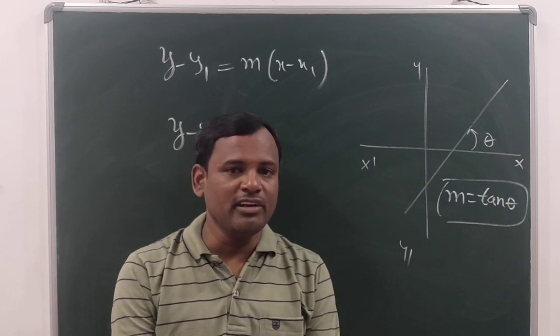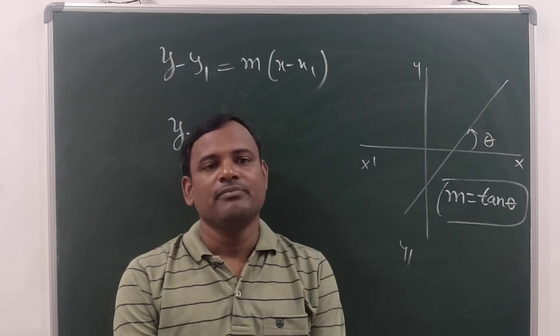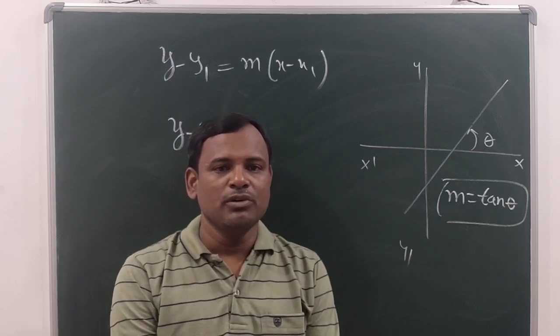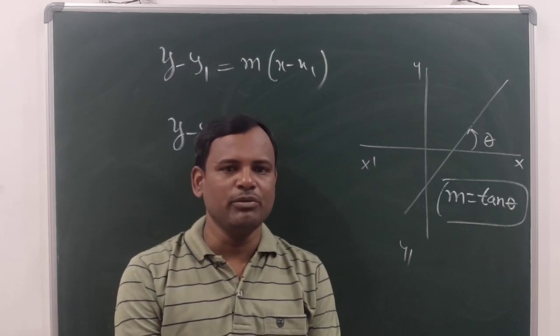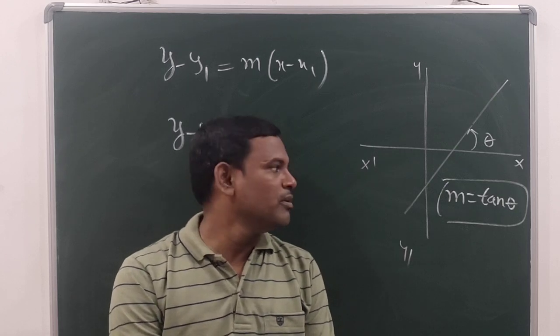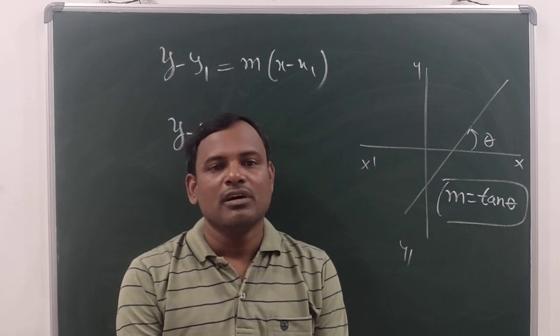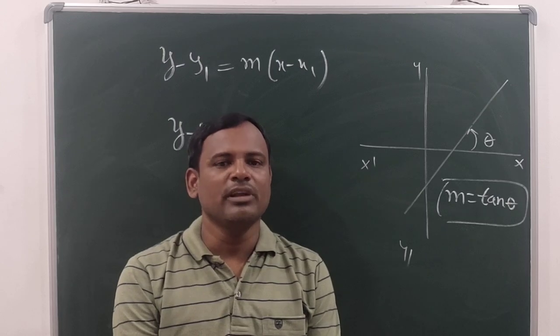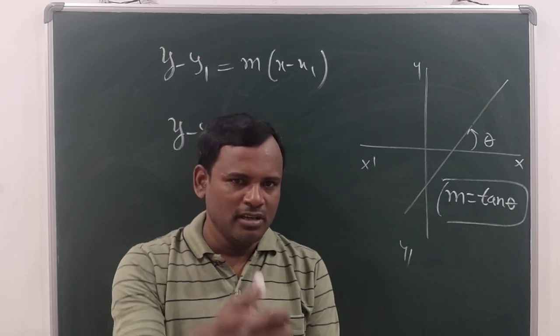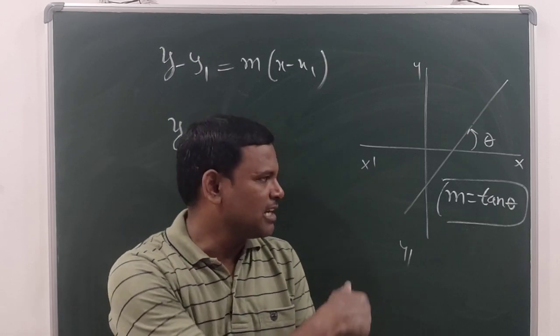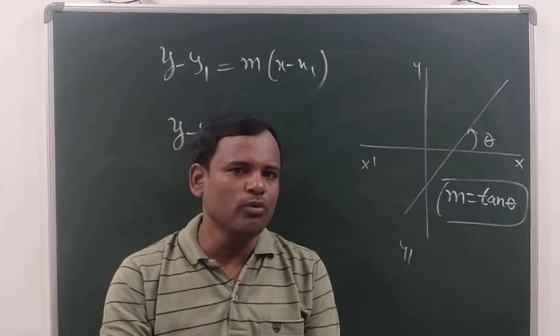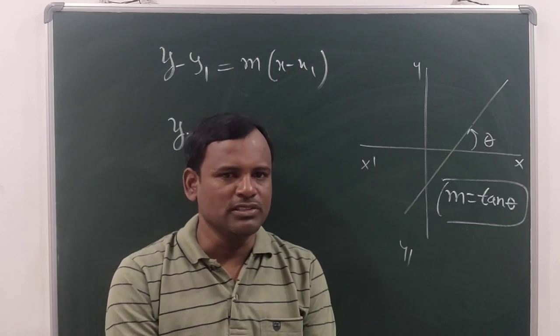There I gave you complete knowledge of what you require related to this slope. If you want to follow that slope class, you can search in my channel and you will get that class. But here I don't want to go into the slope concept.